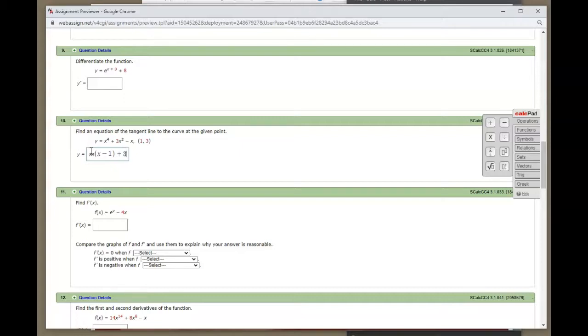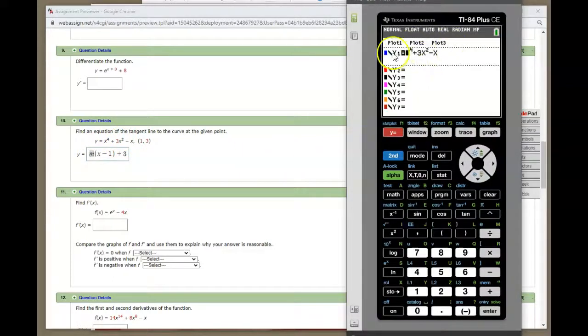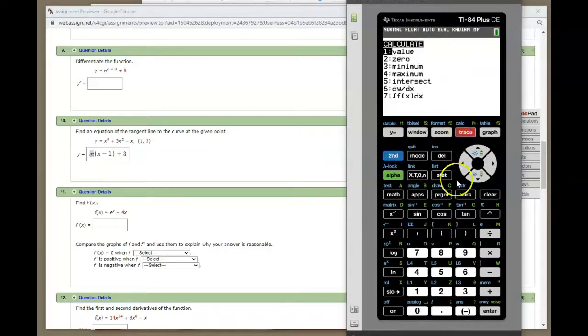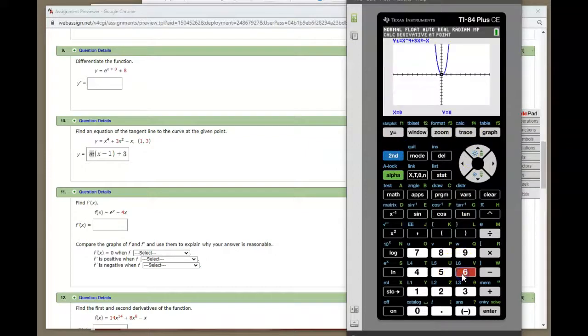I already have that, so what I'm trying to do is figure out the slope. So either you could take the derivative and put it in, or you could go to your calculator, find the slope there, which is second trace, dy/dx, that's 6, and put in, we want 1, and that gives me 9.000.